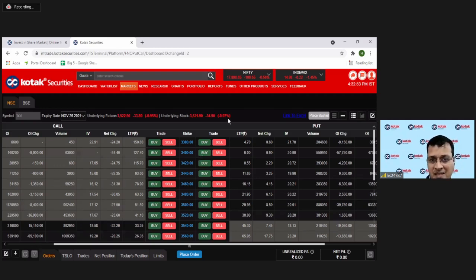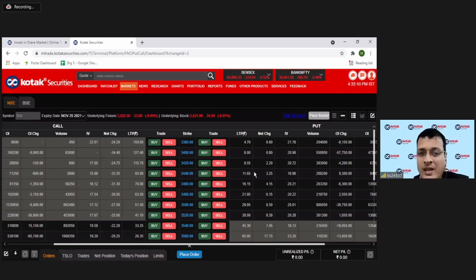Similarly, if I see the put side, 3400 has 47.3 lakh. So this is how you can use OI.